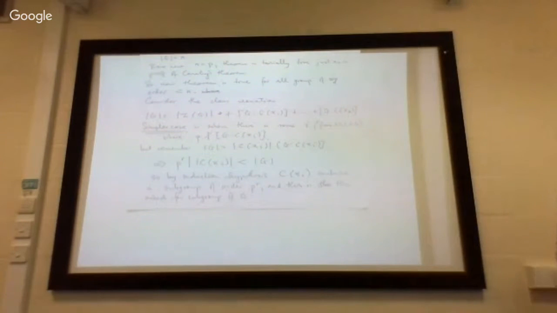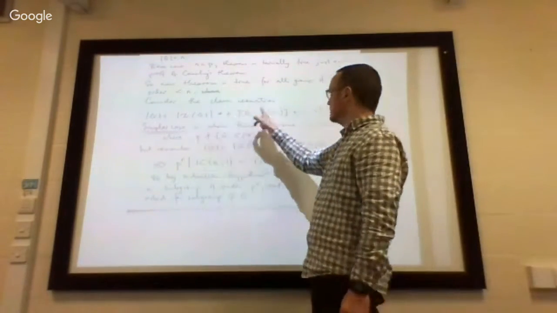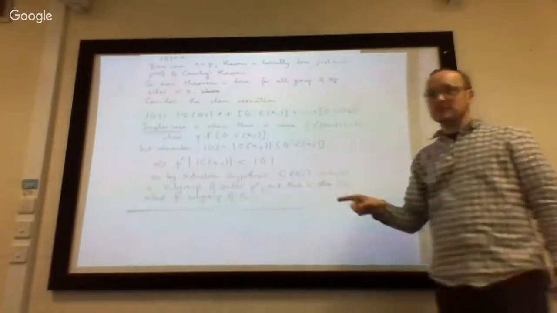So the general case then, the case we haven't dealt with, is when this can never happen, so that all of these terms are divisible by p.